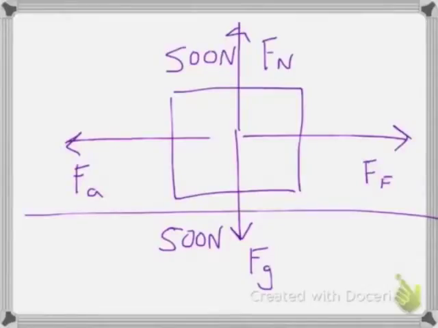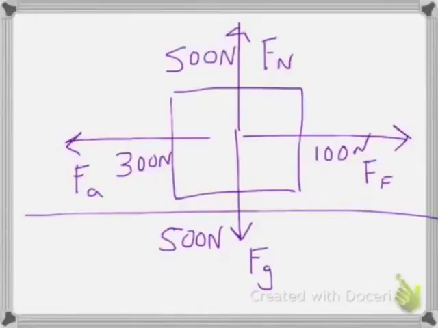But if we are accelerating with a force of 300 newtons, but friction is only 100 newtons, these two forces are not even. That means it is accelerating to the left side, in the direction of the applied force.